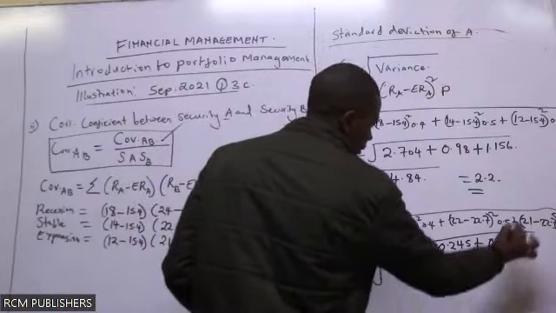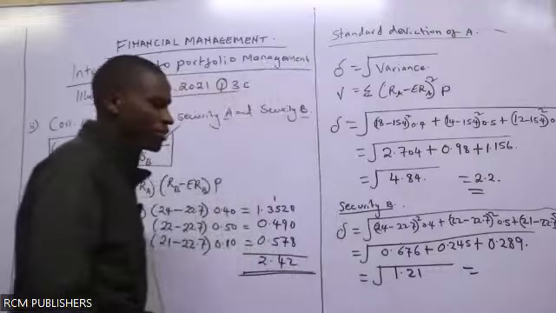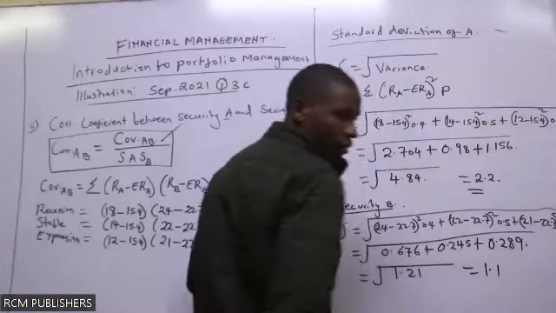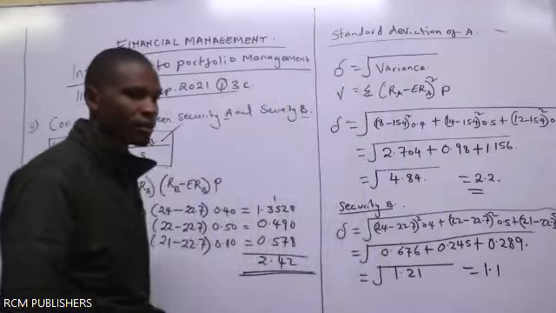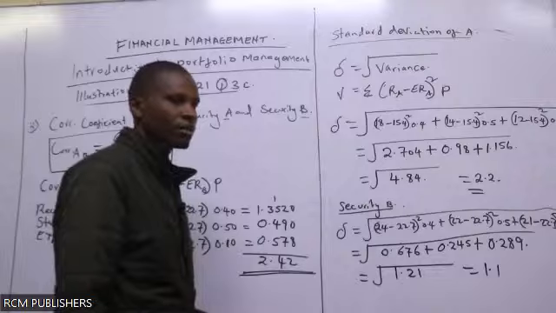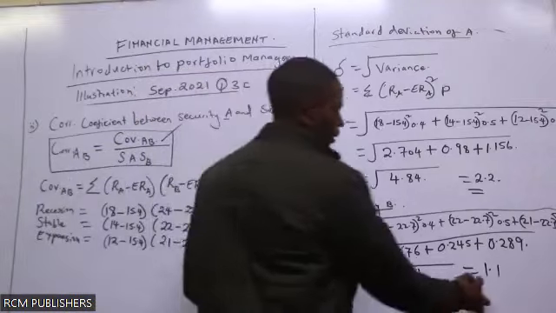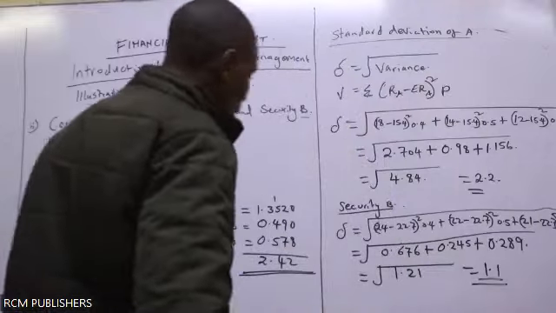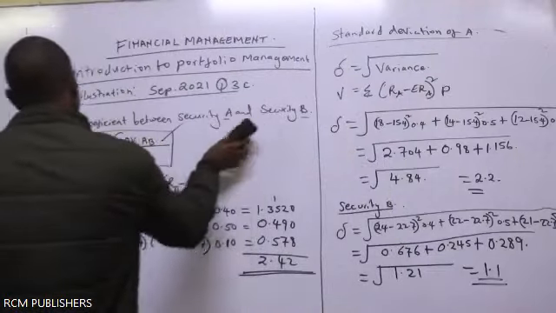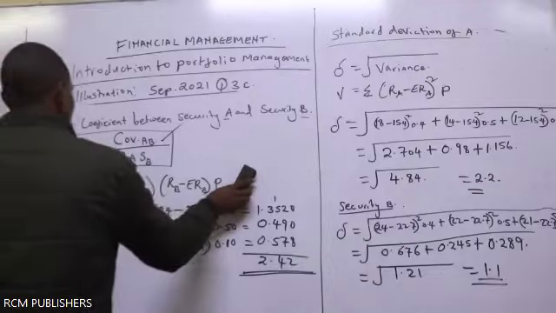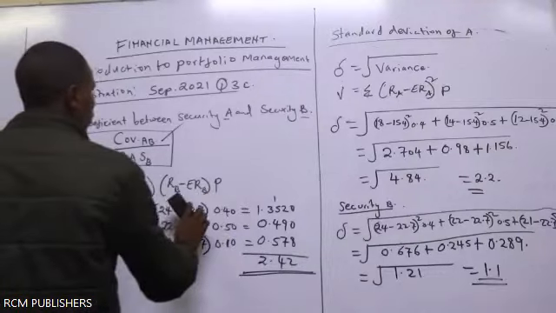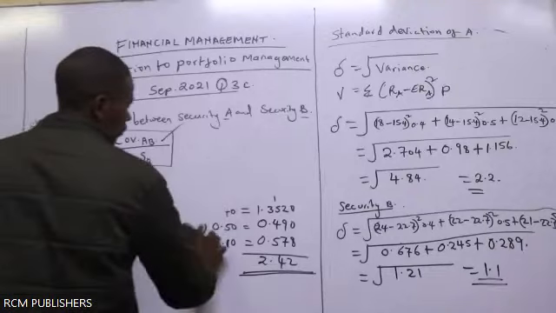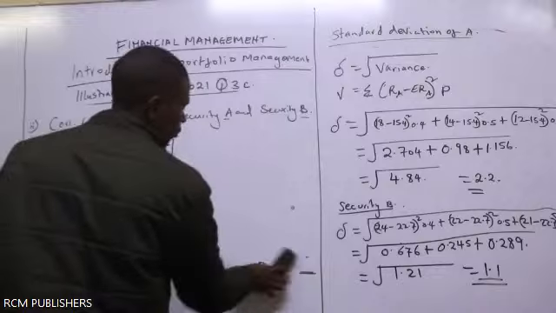So what is the square root of that? It is 1.21, so it becomes 1.1. Is that right? 1.1. Thank you very much. So I have everything now. Using my formula here, I have 2.42.